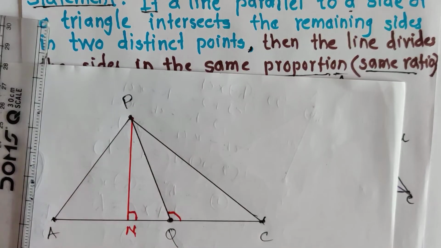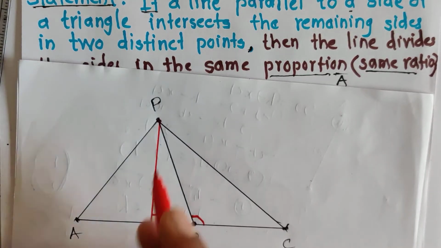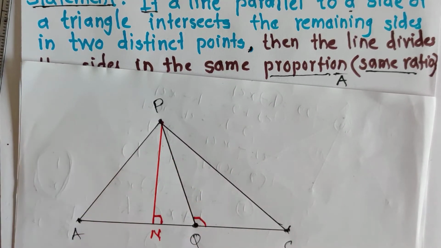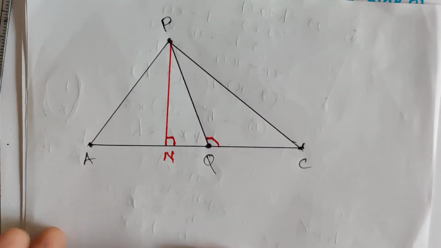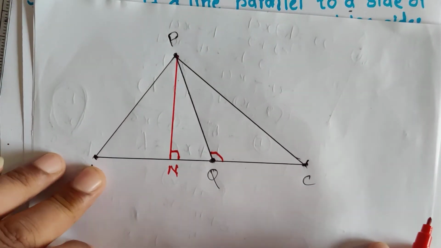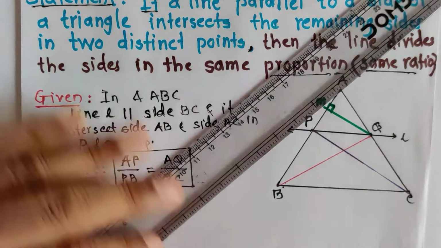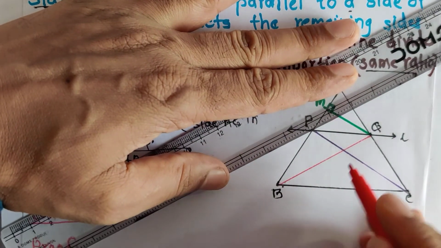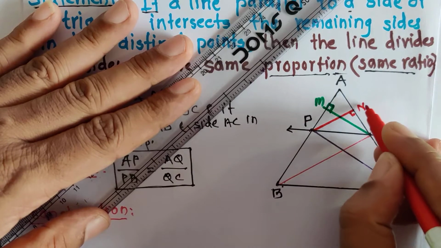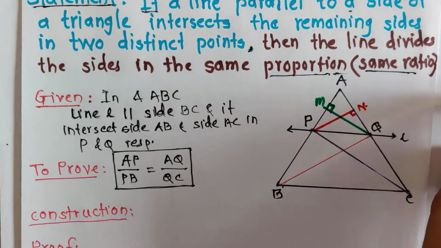So in this way, APQ and CPQ are also triangles of equal height, and we can use the property. You know the property: in triangles of equal height, the ratio of their areas is equal to the ratio of their corresponding bases. So here again draw the perpendicular PN, meaning these are the heights.